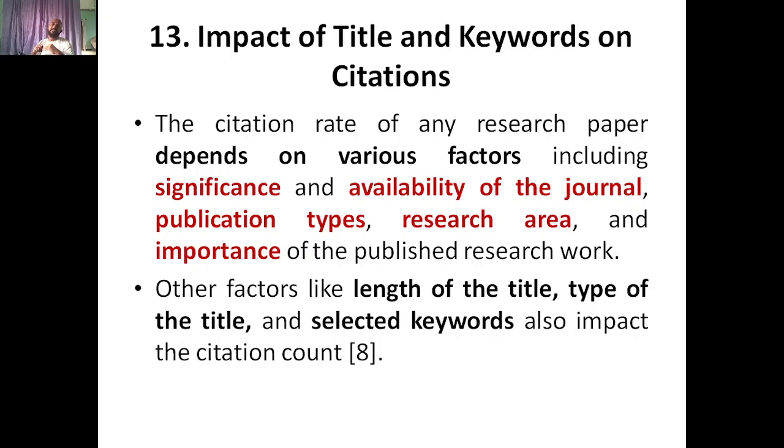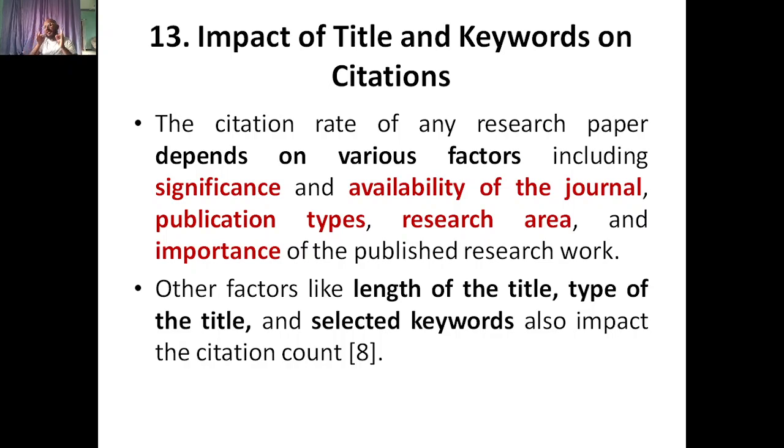The second thing is keywords. Keywords here can be nanotechnology, cancer treatment, or maybe nanoparticles, or cancer tumors, or any anti-cancer drugs like doxorubicin, whatever you are using in your research. So your research should have the right title and the right keywords, whatever you have used in the entire manuscript.